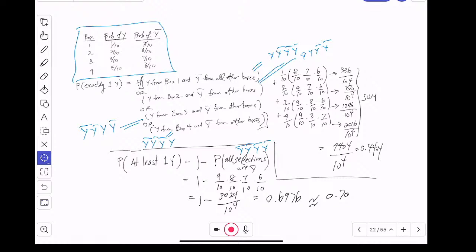It's 10 to the power 4, because it's 10 times 10 times 10 times 10. Is that better? Okay.